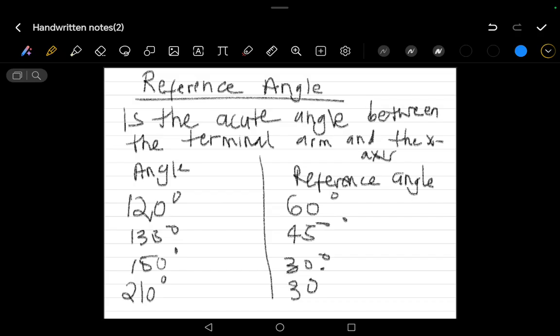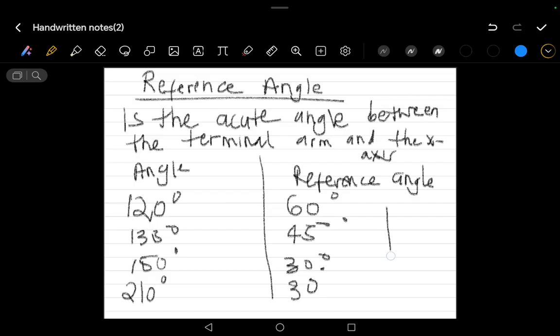Can't we equate them? Yeah, but the sign is going to be different. The 150 one is going to be positive, and the 210 one is going to be negative. You get? So from the signs, and the quadrant.